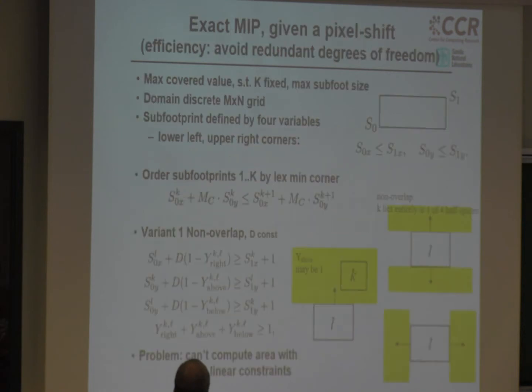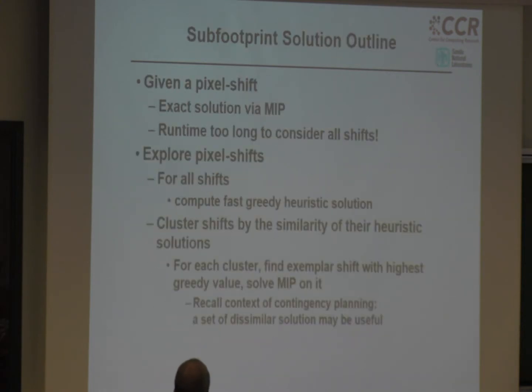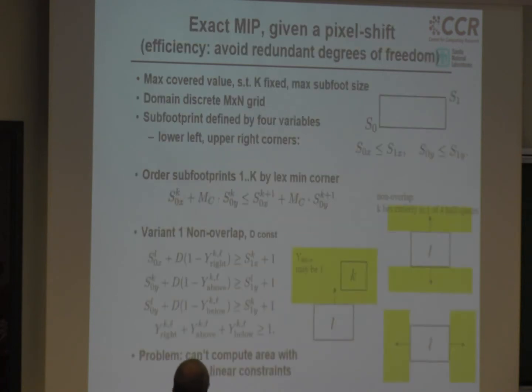All right, so let me first describe the MIP when you actually do want the exact solution. The name of the game in designing these programs is to avoid redundancy, so the branch and bound or whatever the solver is doing doesn't spend a lot of time exploring essentially the same solution.